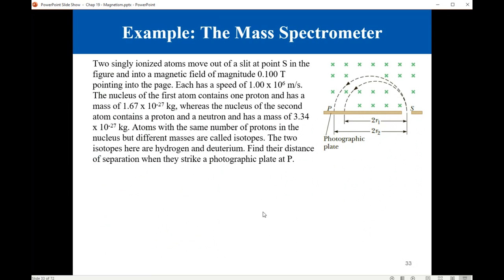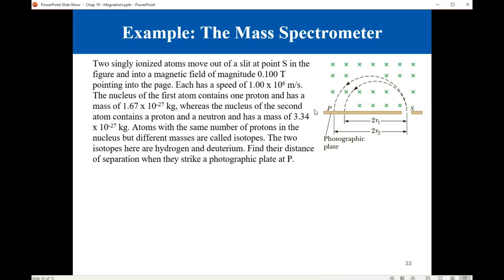Like you have carbon 12, carbon 14, chlorine 35, chlorine 37, uranium 238, uranium 235. So always we are interested in separating isotopes to measure the abundance of various isotopes in nature.